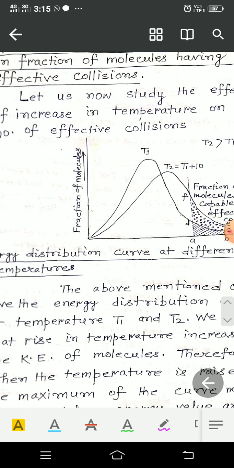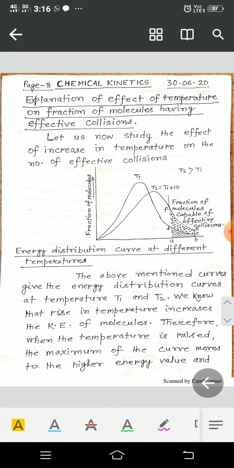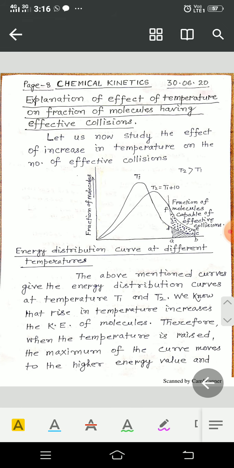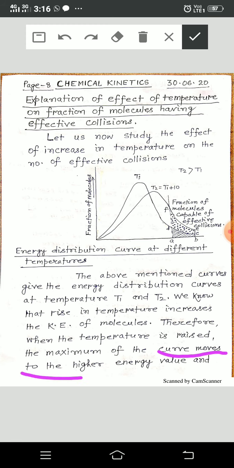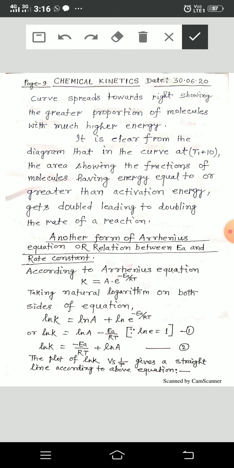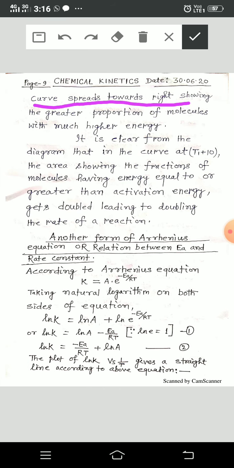Therefore, when the temperature is raised, the maximum of the curve moves to a higher energy value, and the curve spreads towards the right, showing a greater proportion of molecules with much higher energy.